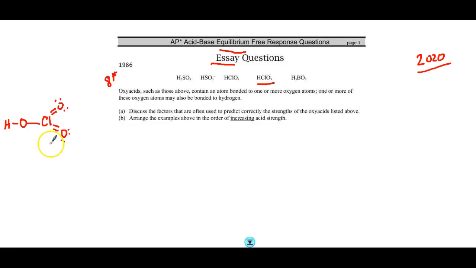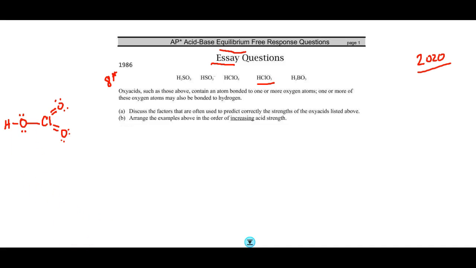You can have more than an octet, so you can hold more electrons. So chlorine is in the third level, and it can hold more than 8 electrons, so it's a violator of the octet rule, but it's a valid structure.